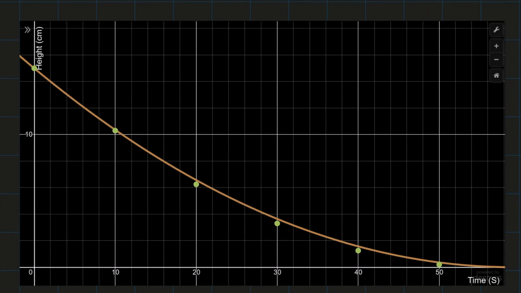What I find very interesting is here we see almost a linear pattern, almost a constant slope. But as the water decreases by a lot, the slope actually starts to decrease, almost as if it's going to go like this, like a quadratic, as it's about to reach its minimum.